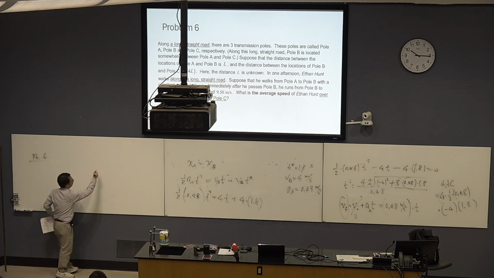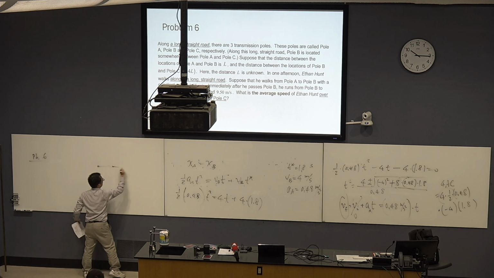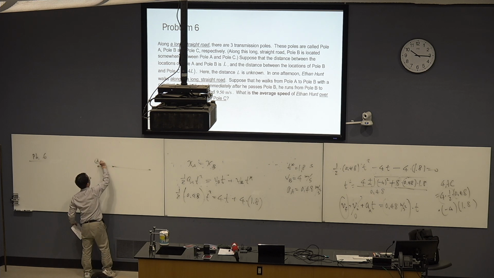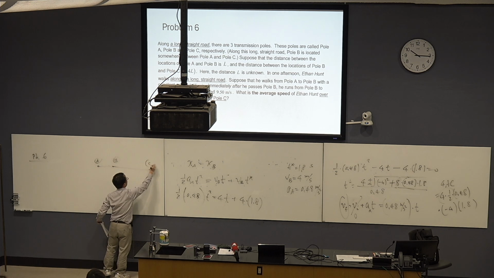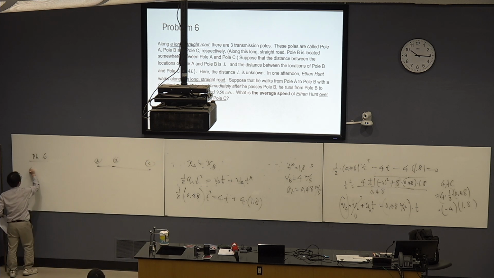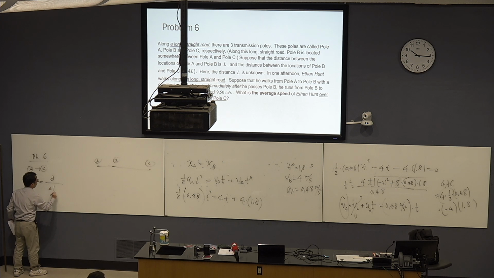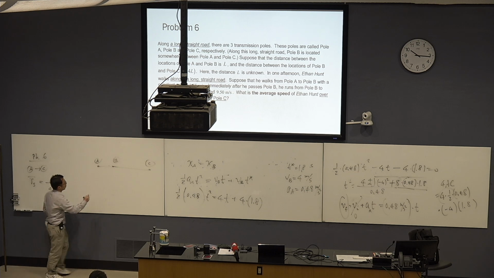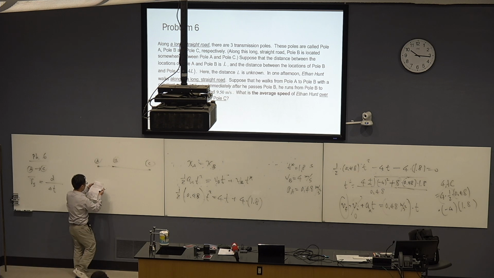So there's A, B, and C, right? 3 locations, A, B, and C. And we wonder what's from A to C, okay? From location A to location C, we wonder what's the average speed for the person. Average speed, we know that it's the total distance over the total time required, right? Total distance traveled. So here we have L, right?